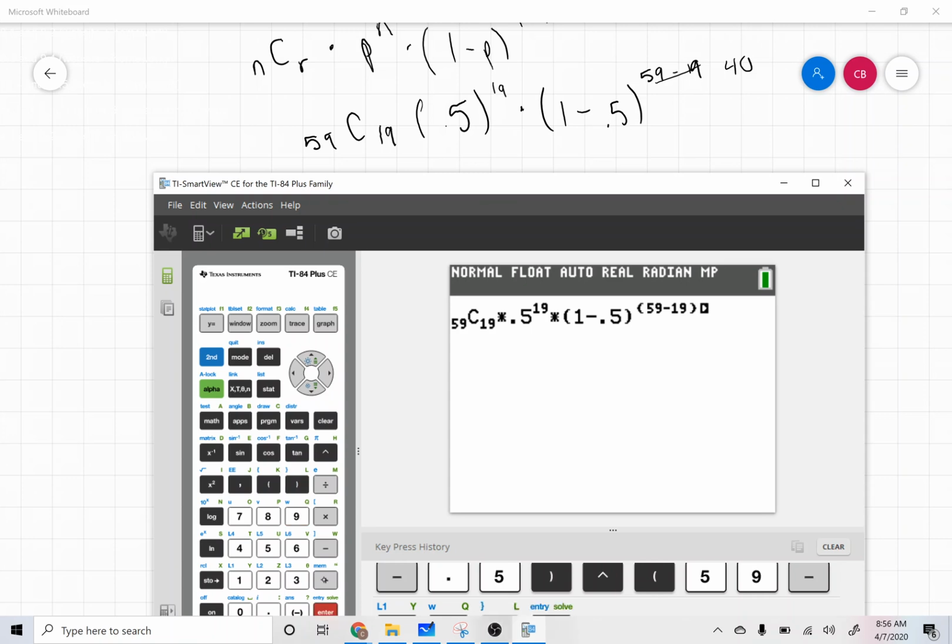I get 0.0024, so we're going to enter that.